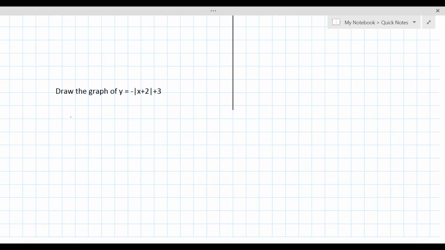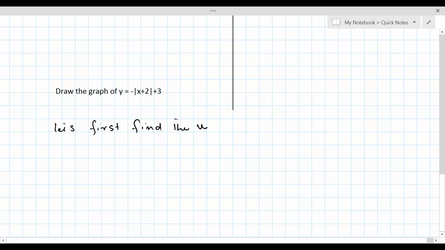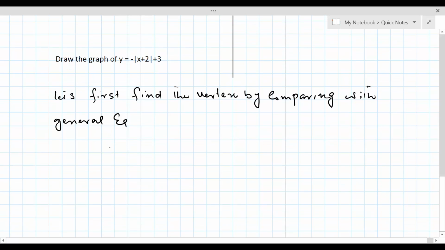So let's first find the vertex by comparing with the general equation, and that general equation is y is equal to a |x minus h| plus k.